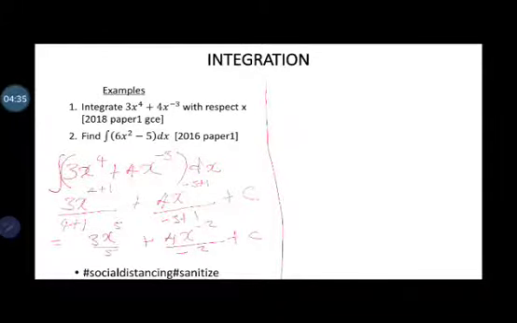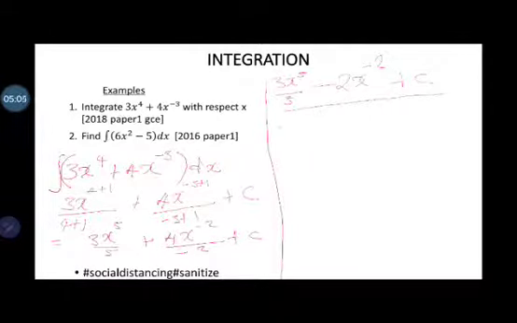Don't forget your constant all the time. This is just 3x to the power 5 over 5. Negative into positive will be a minus, and 2 into 4 is 2x to the power minus 2 plus c. You would have integrated that equation given.